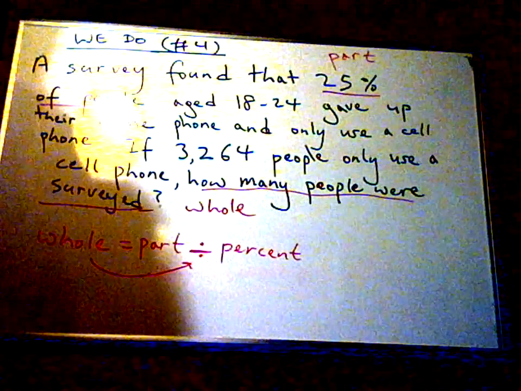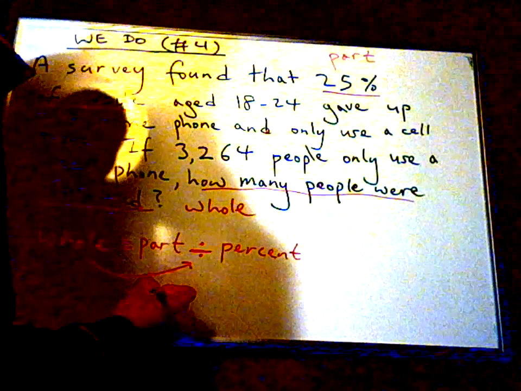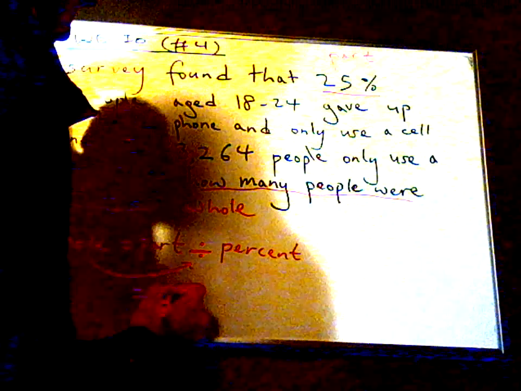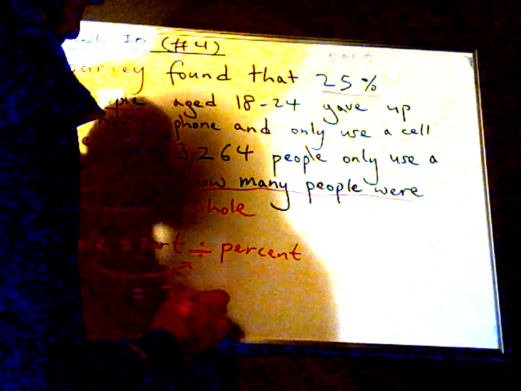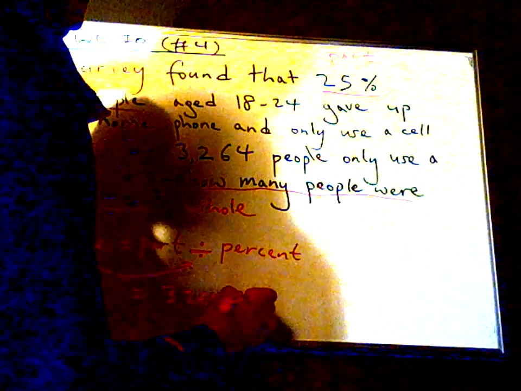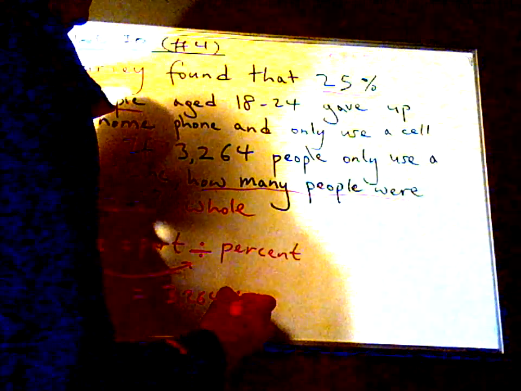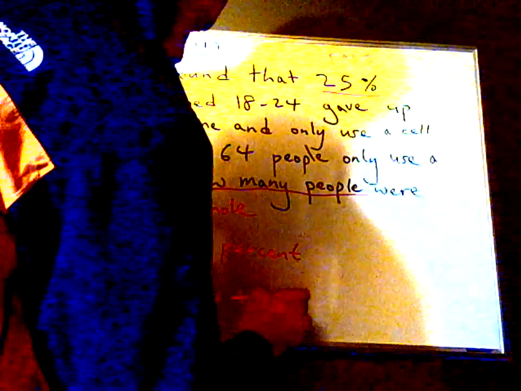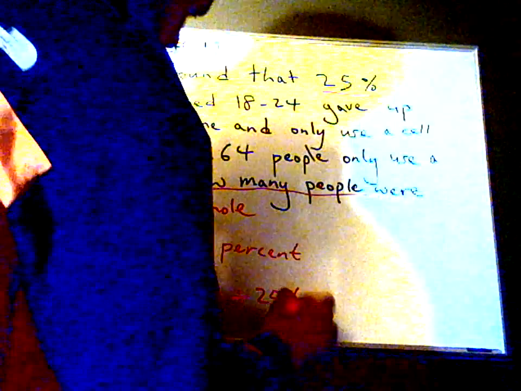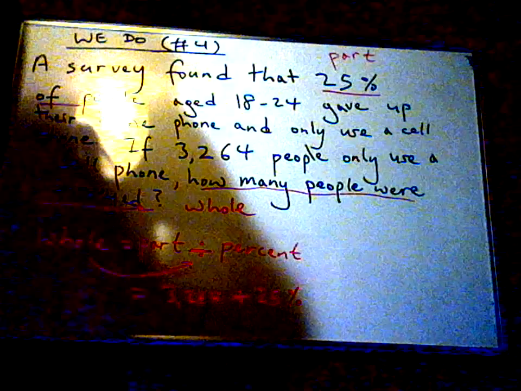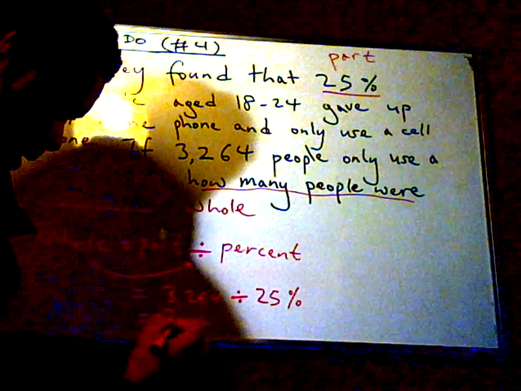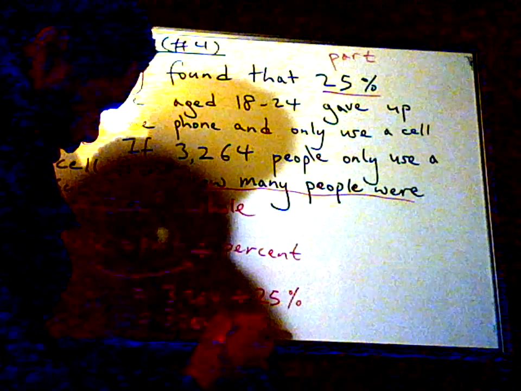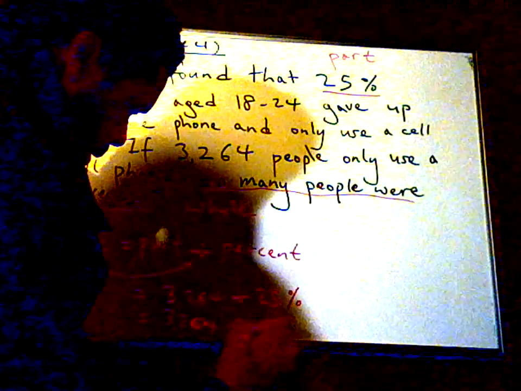Okay? Which in our case becomes the part, which is 3,264, divided by 25%, which you can do as 3,264 divided by 0.25.